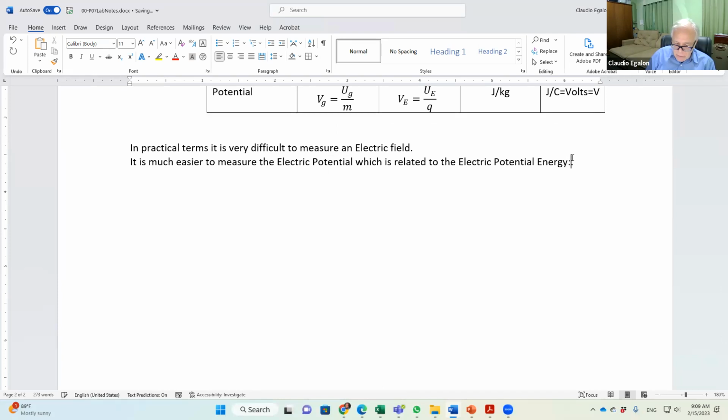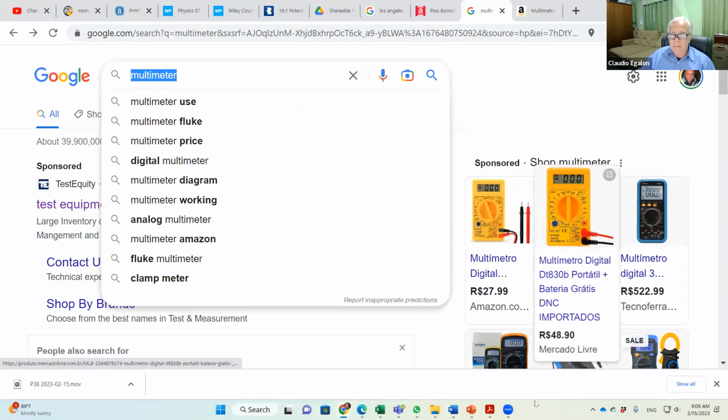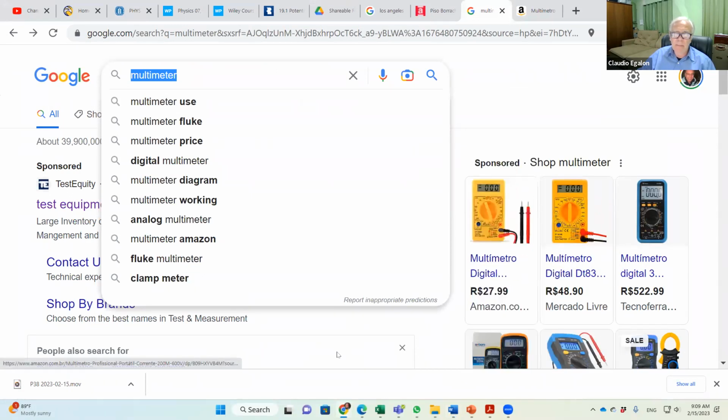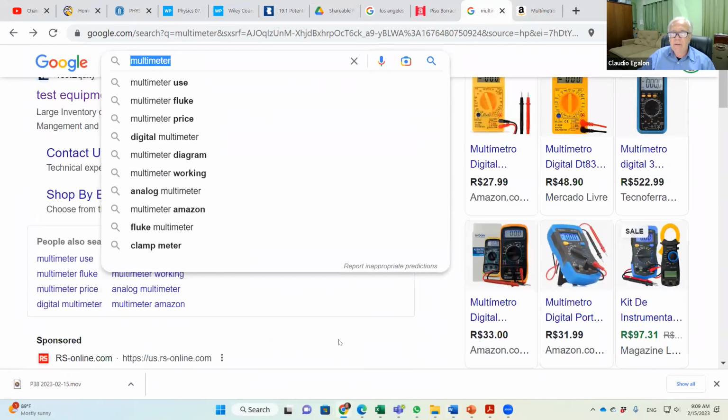The device to measure electric potential or voltage is much cheaper. It can be as cheap as $5. I am surprised, I never saw a $5 multimeter in the United States, but we do have those here in Brazil. 27, almost 28, a little bit more than $5. Amazon.com.